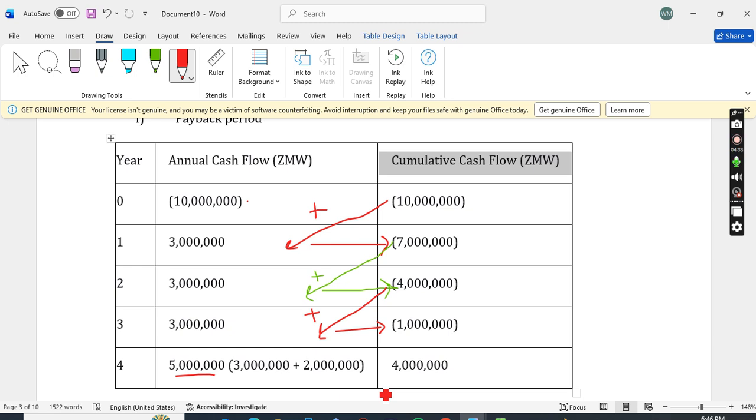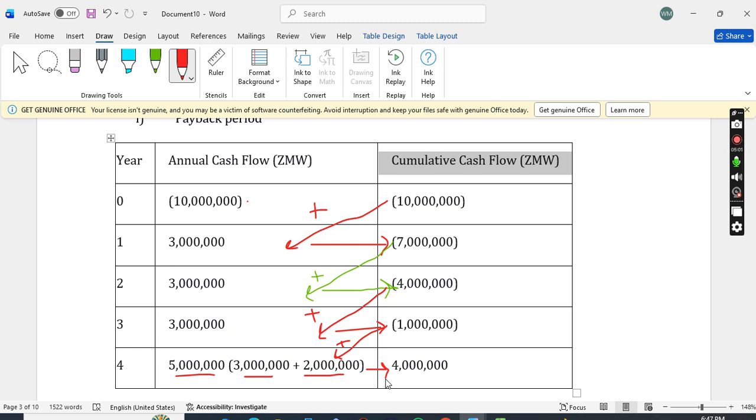So in year 4, you're receiving a cash flow of 3 million, and you've also got this terminal value of 2 million. You add 3 plus 2 million, that is 5 million. So you say negative 1 million plus 5 million, you get positive 4 million.